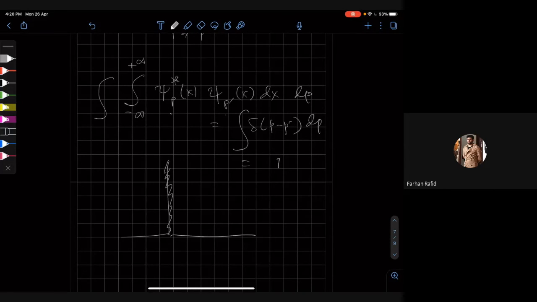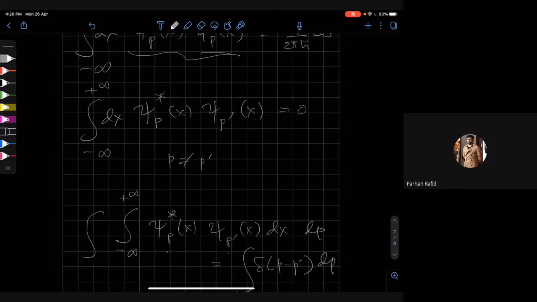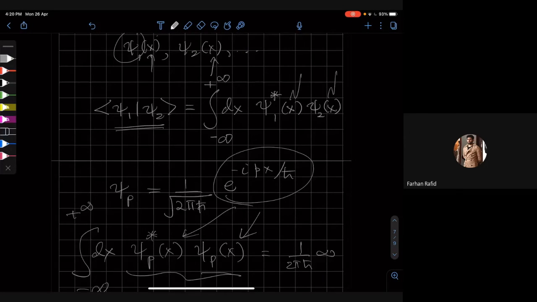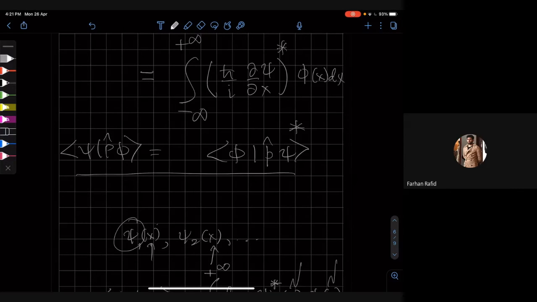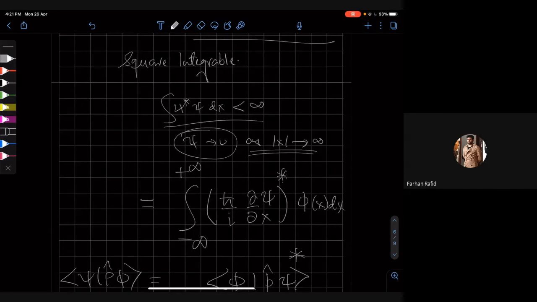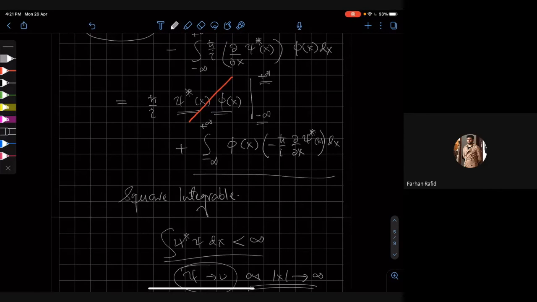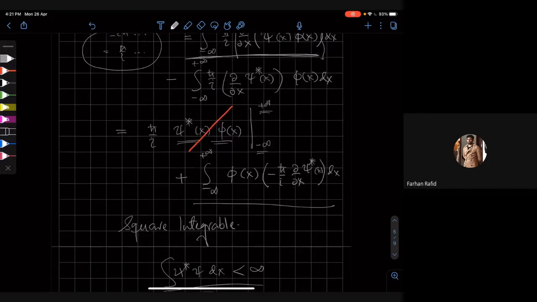All right, would you scroll up a bit on the right-hand side on the Hermitian adjoint proof? Yes, this one. You took d/dx of psi star of x. The d/dx was operating on psi star of x, but before that it was operating on phi of x.